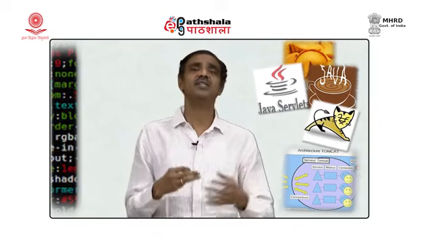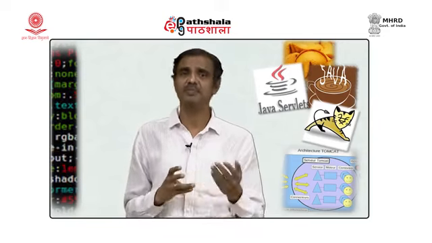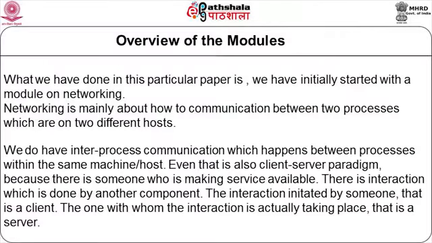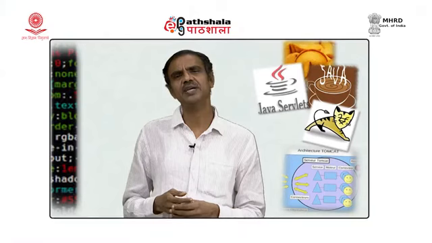So, what we have done in this particular paper is, we have initially started with the module on networking. So, what was networking? The networking is mainly about how to have communication between two processes which are on two different hosts. We do have inter-process communication which happens within the same machine.